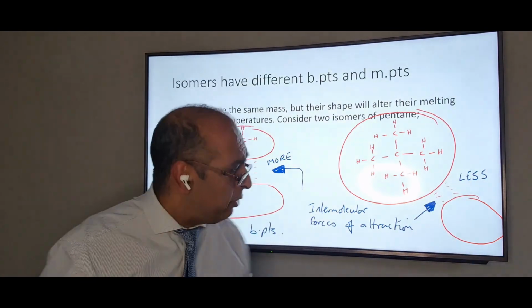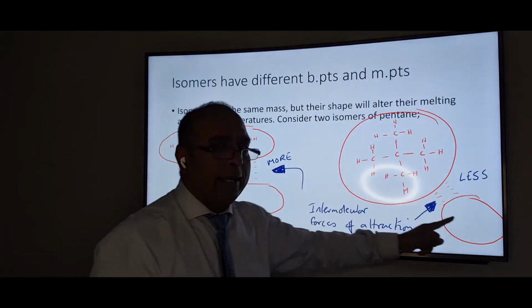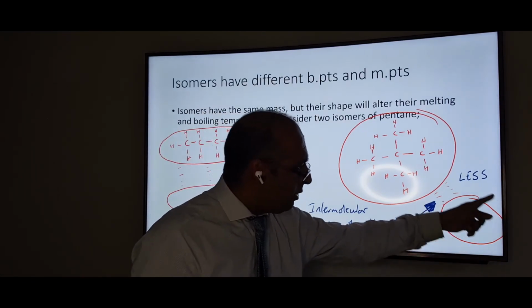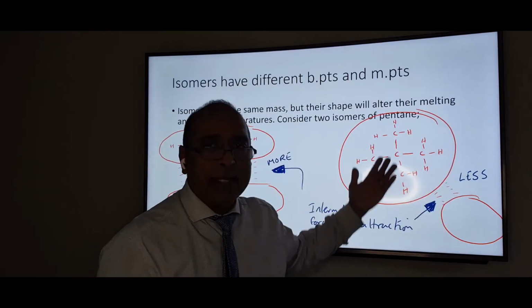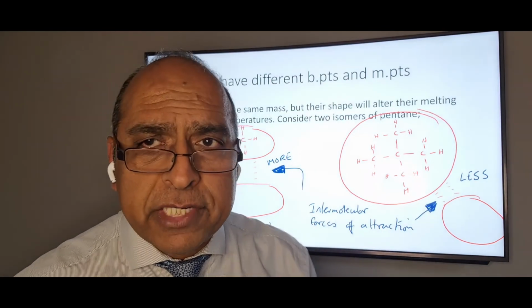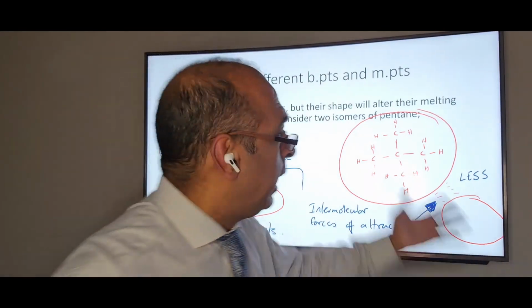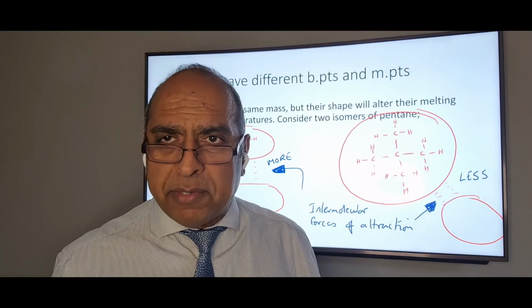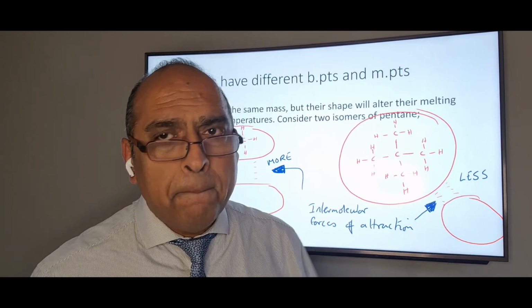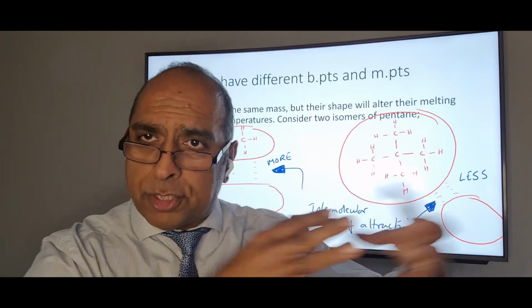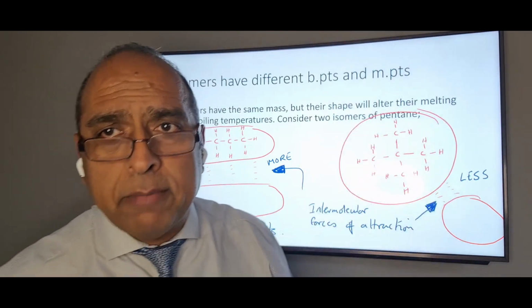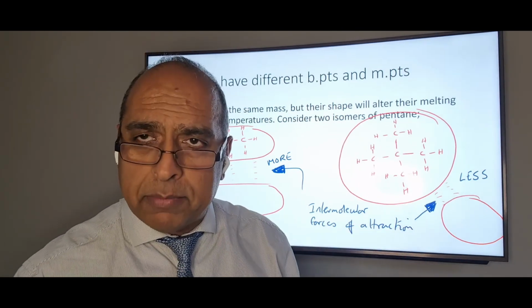They're more spherical. And when they're more spherical, I tried to draw a second one, but I ran out of space. But if you draw a second ball the same size, you get less surface area interaction if the molecules are ball-shaped. So where you've got isomers like the same size, but some are ball-shaped and some are sausage-shaped, the sausage-shaped ones tend to have a higher melting and boiling point than the ball-shaped ones.